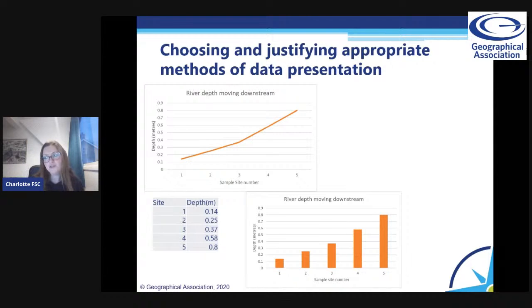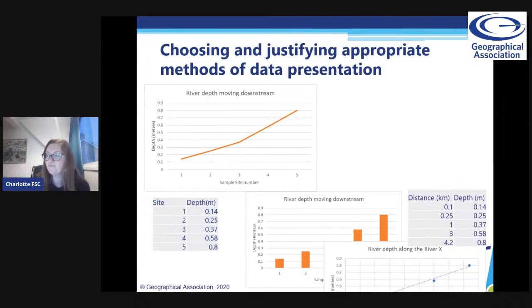However, it also shows a fairly even rise in depth as we go between places, because our site number is ordinal, they go in order, we have no way of knowing how far there is between those. So it might be more useful to a person trying to interpret this data to draw it as a scatter graph using the distance of the site downstream rather than just the site number.